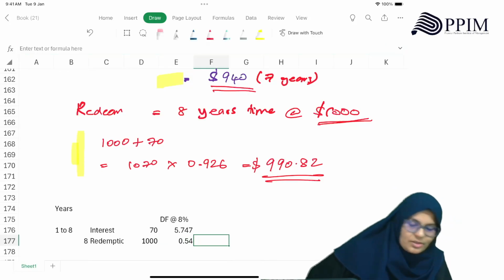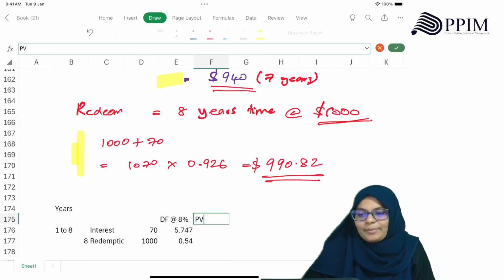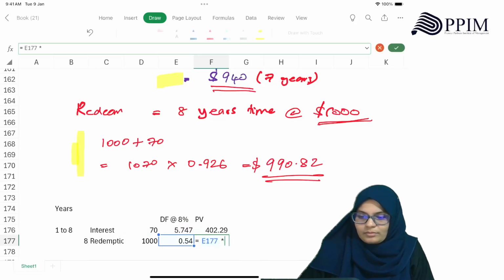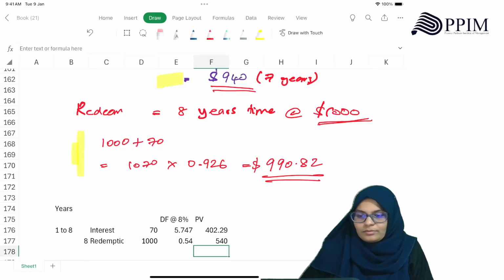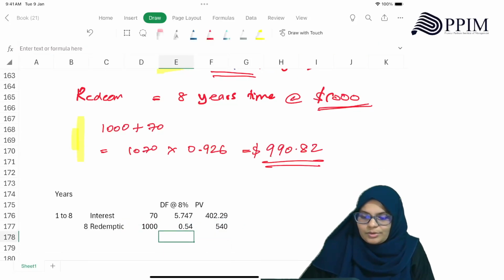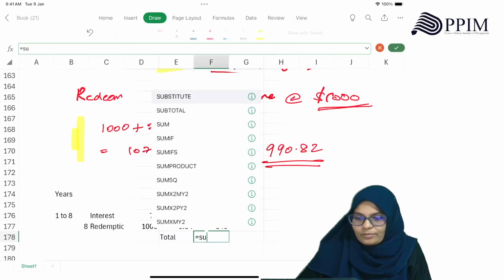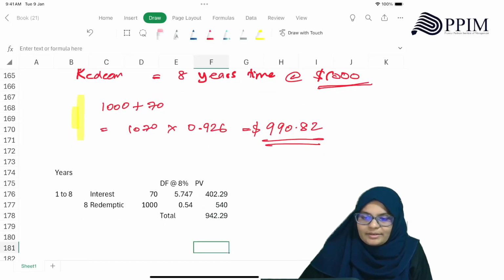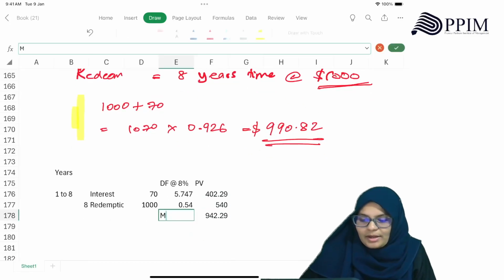Now if you get the present value and add it up, that will be the market value. So total. This is only the market value.